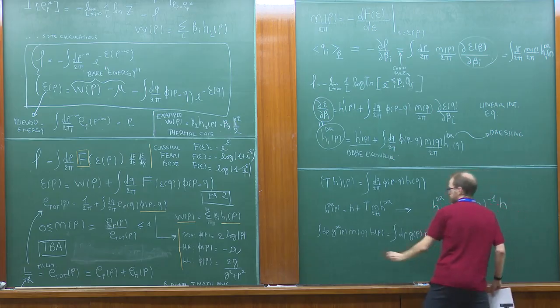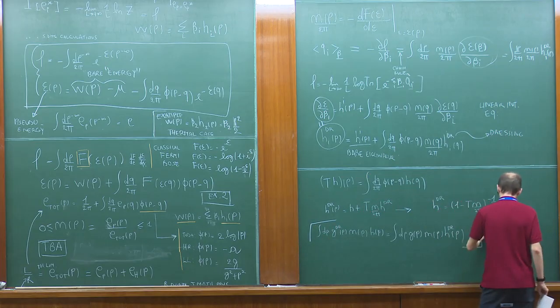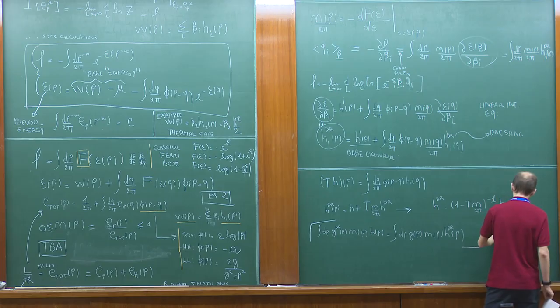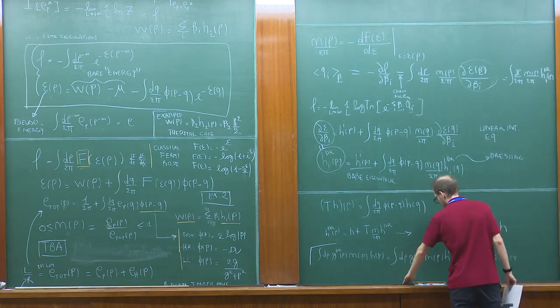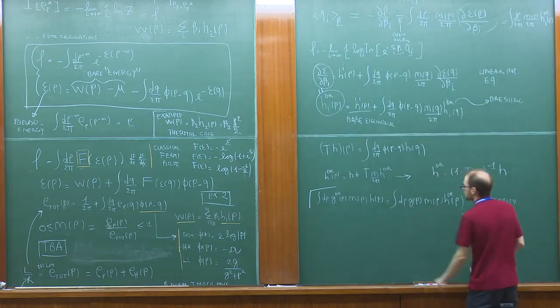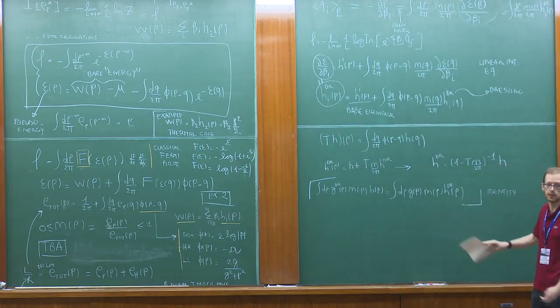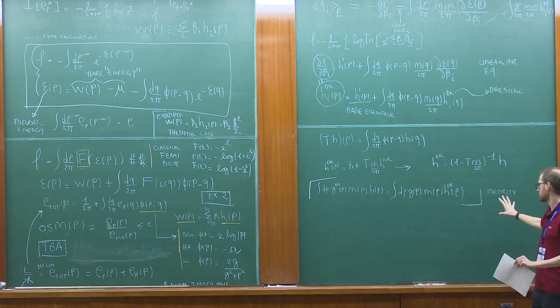This is just an identity. It is proved in the notes. If you check the notes, there is a detailed proof of this statement. Here we can take it as an input. In the end, it's just an identity.